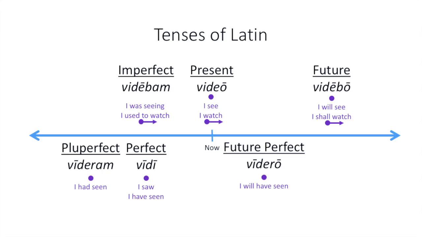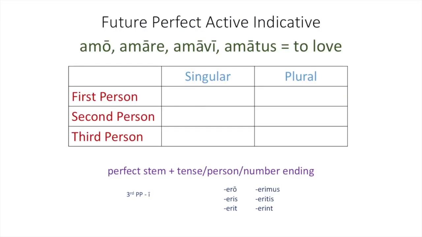So to form the future perfect, let's use an example of a verb you all like, amo, amare, amavi, amatus. And again, you use the pattern of the perfect stem, your third principal part minus the I, and then different endings for each tense, person, and number.